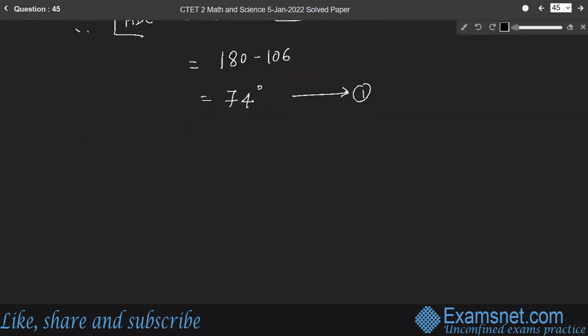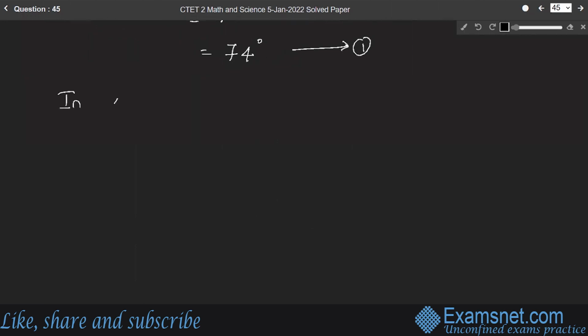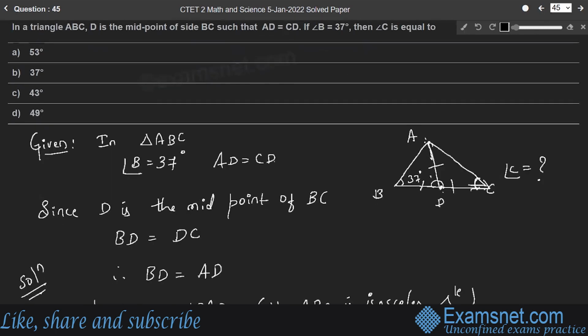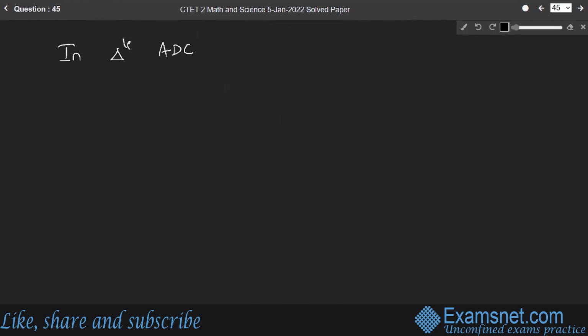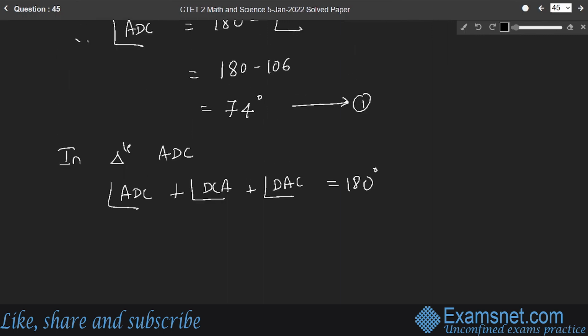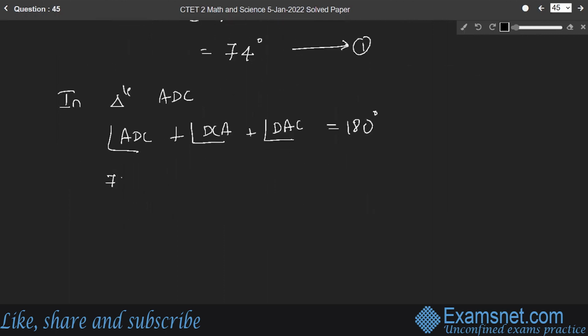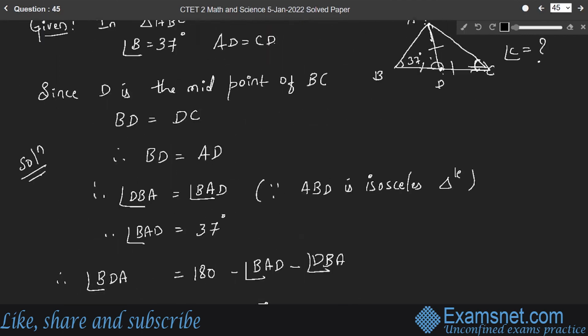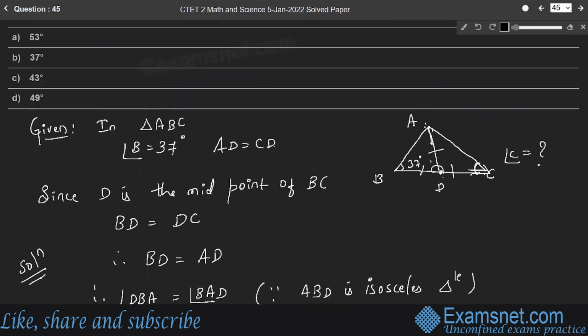Therefore, in triangle ADC, angle ADC plus angle DCA plus angle DAC is equal to 180 degree. So here angle ADC is 74. Angle DCA and DAC are both equal, but we need the value of DCA.